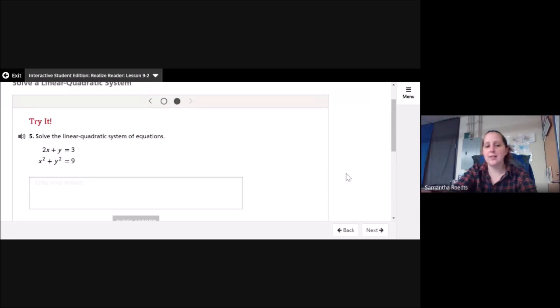Solve the linear quadratic system of equations for 2x plus y equals 3, x squared plus y squared equals 9. So 2x plus y equals 3 can become y equals, actually, negative 2x plus 3. I'm just going to substitute that in.